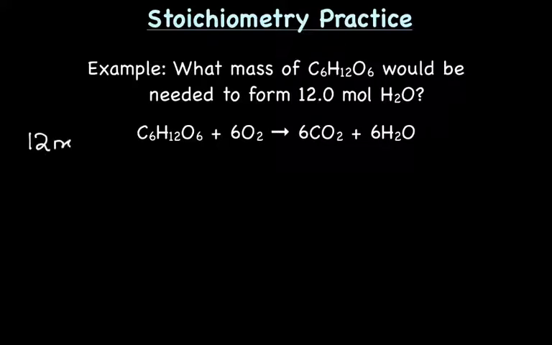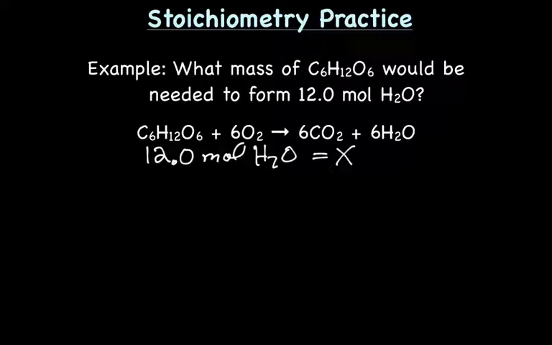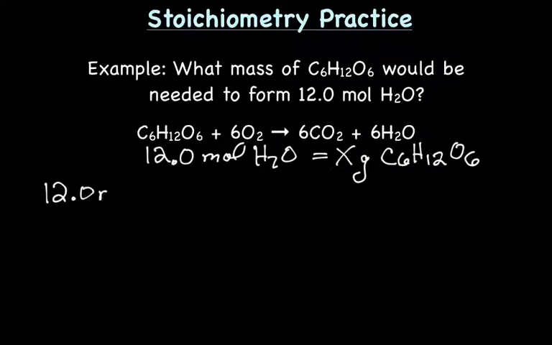We have 12 moles of H2O, and we want the grams of C6H12O6. All right, let's write our given in our grid. So we know we have 12 mole of H2O.